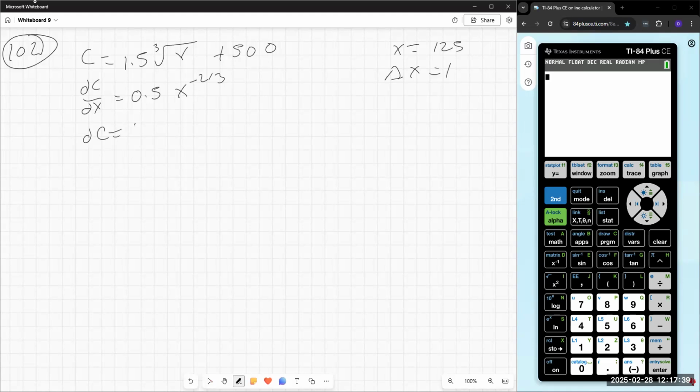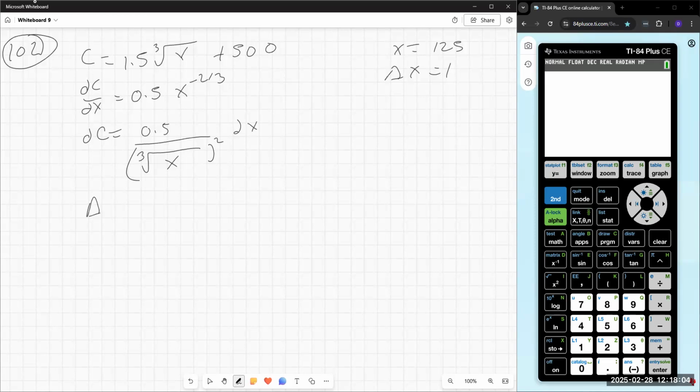dC will be 0.5 x to the negative 2/3. Let's call this 0.5 over the cube root of x, squared, dx.